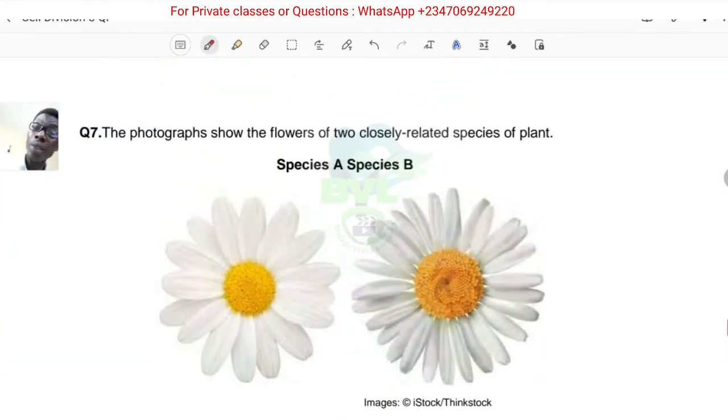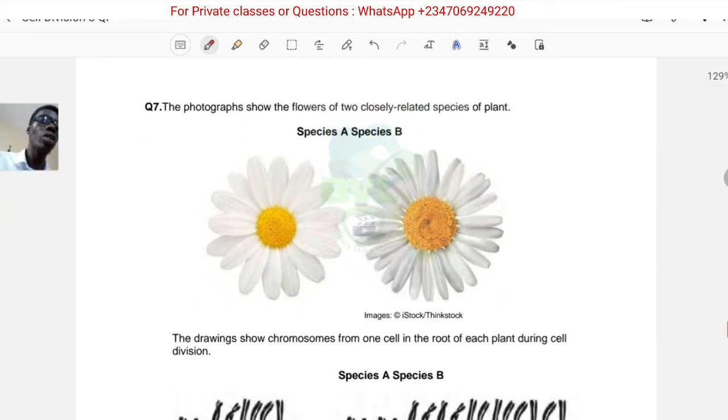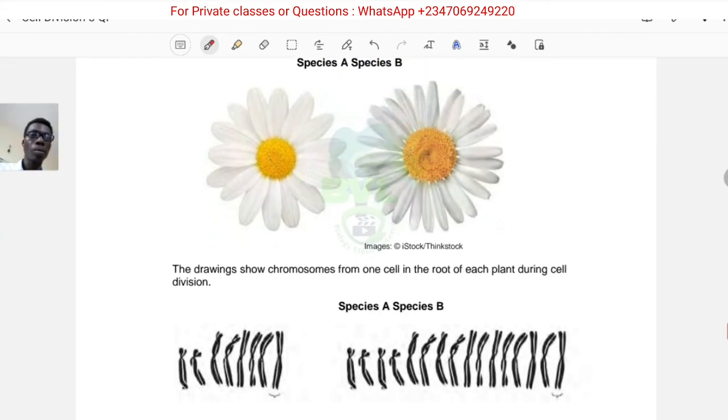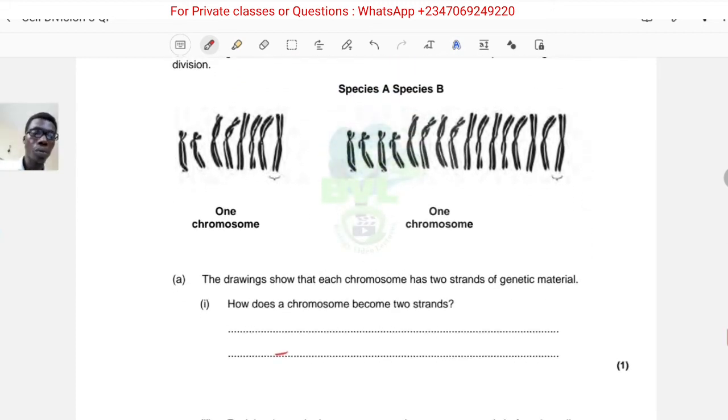Okay, it says here, the photograph shows the flower of two closely related species of plant. The diagram shows the chromosomes from one cell in the root of each plant during cell division. Okay. The drawing shows that each chromosome has two strands of genetic material.